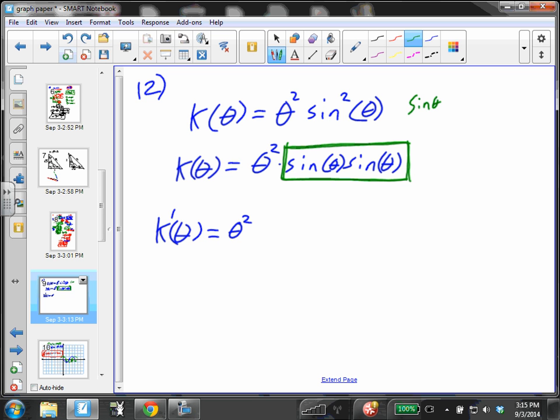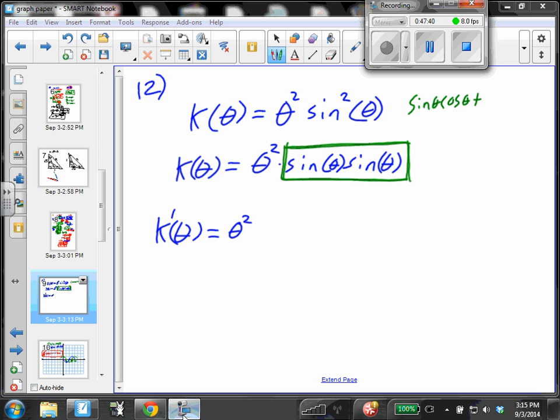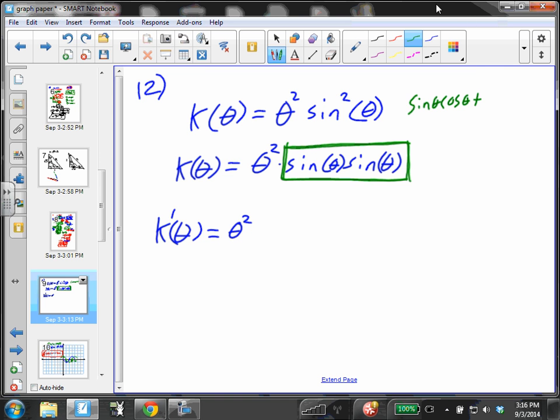What's the derivative of the second piece? Yeah, the derivative of sine is cosine. Now we want to do the second part, which is sine of theta, right? This one, times the derivative of the first. And the first piece is sine of theta. What's the derivative of sine? Cosine.